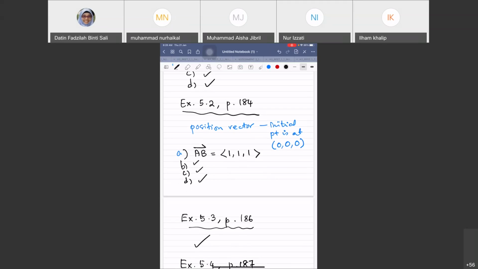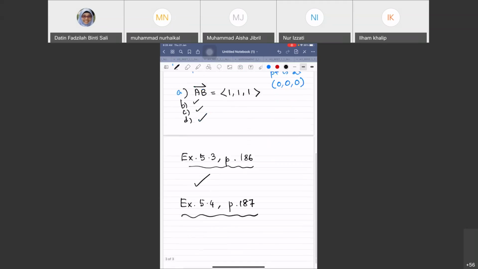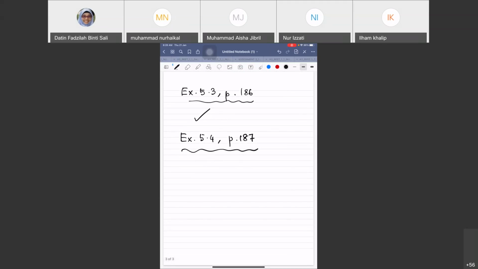But this time for exercise 5.4, the initial point is not at the origin, but a given point, like A, B, C, D there. You are given all these initial points as well as terminal points. So again, for 5.4, this is also considered quite straightforward.